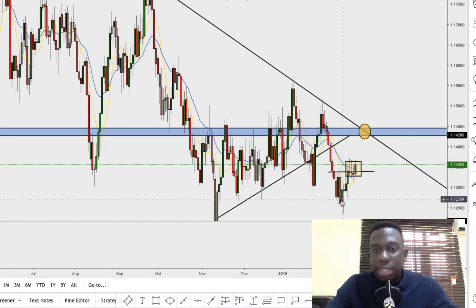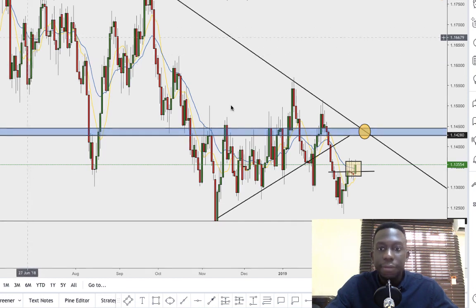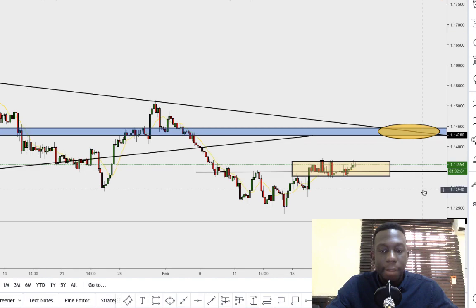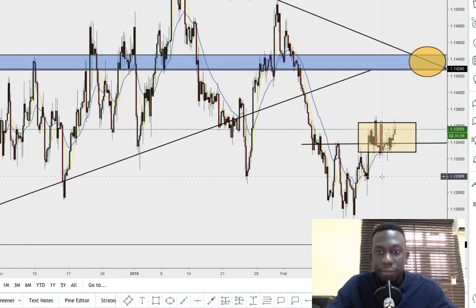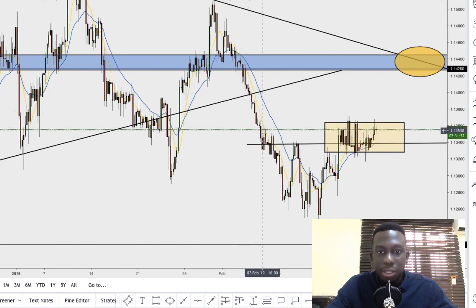So the market started to stall about here. I noticed some crazy amount of candles. If you came over to the 4 hour, you would realize that this market went from pulling back to pretty much doing a madness, okay?